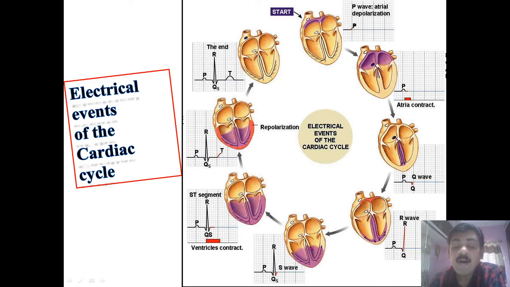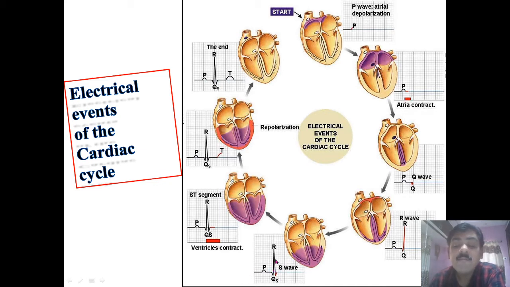When the Purkinje fiber conducts the impulse of the contraction, then all the ventricles start to contract. And when they start to contract during the isovolumetric contraction, this is a downward deflection of the R wave.